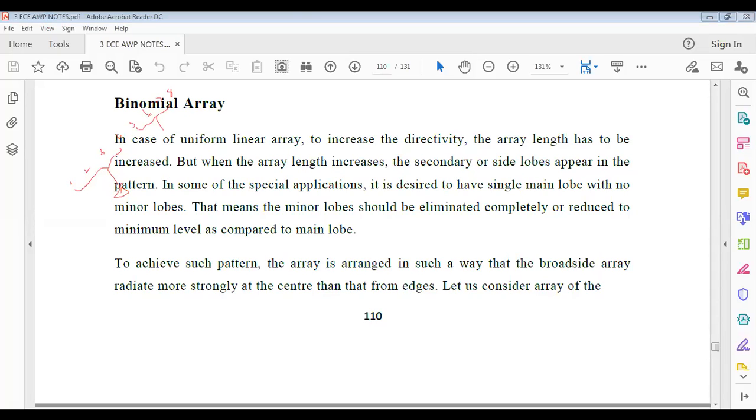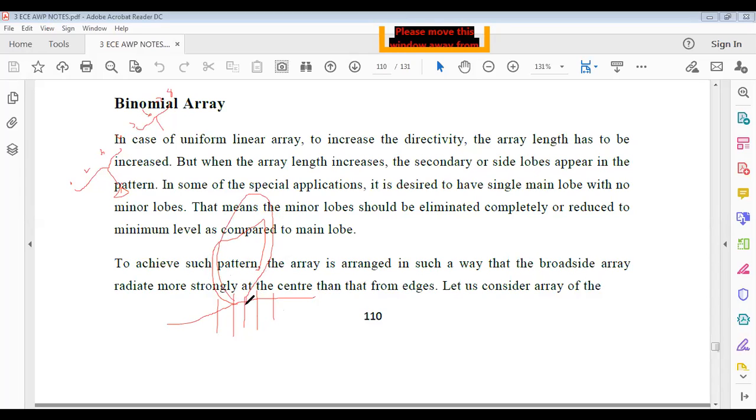Suppose this is the array antenna. That array antenna has one main axis. Maximum radiation occurs like this.